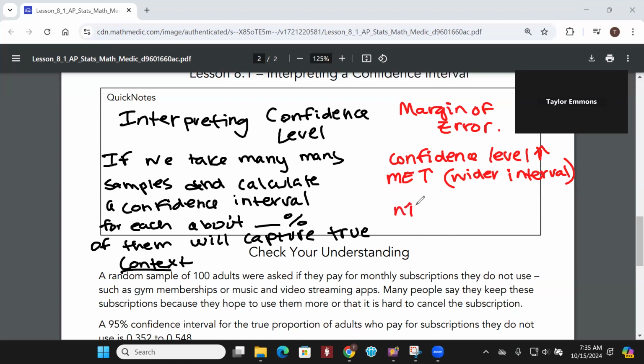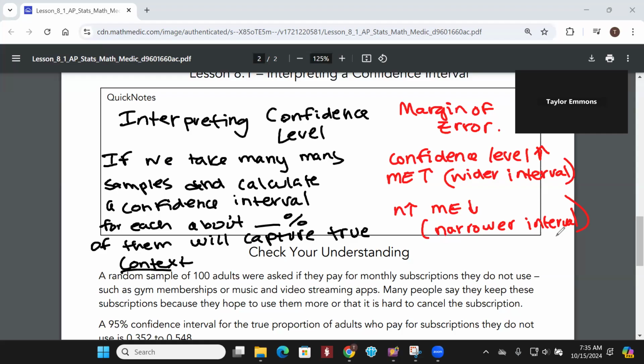When your sample size goes up, your margin of error goes down. That means that you have a narrower interval. So the confidence interval is the numbers that we had from 0.25 to 0.45.